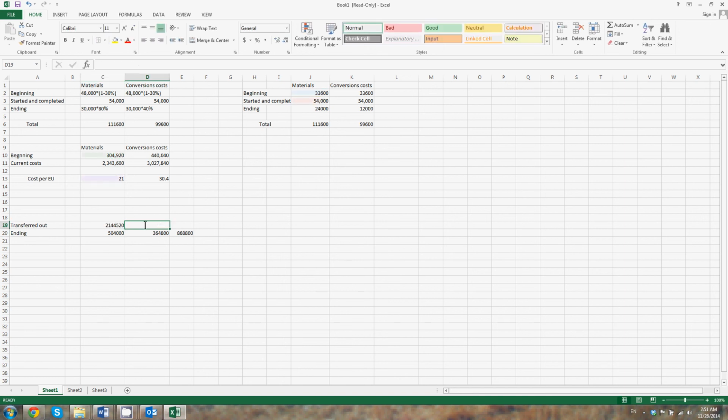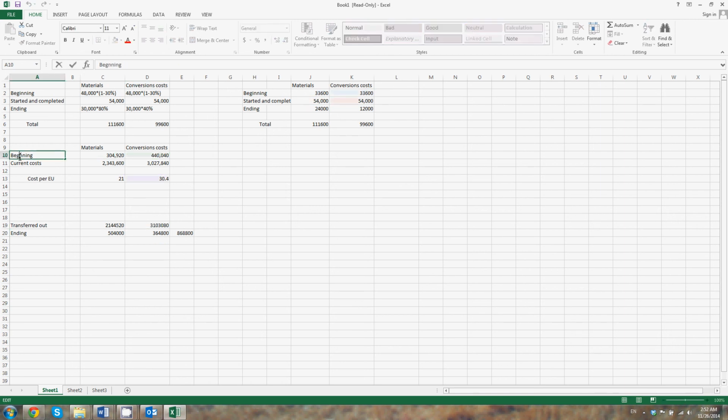I'm going to do the same thing for the conversion cost. So I'm going to sum up these two and times the cost per equivalent unit, and plus the beginning.